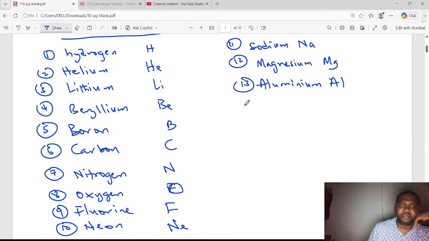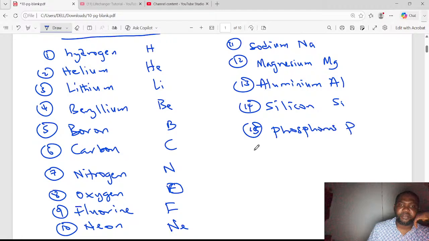Aluminium is Al. We have silicon. Silicon is Si. 15, we have phosphorus. Phosphorus is P.